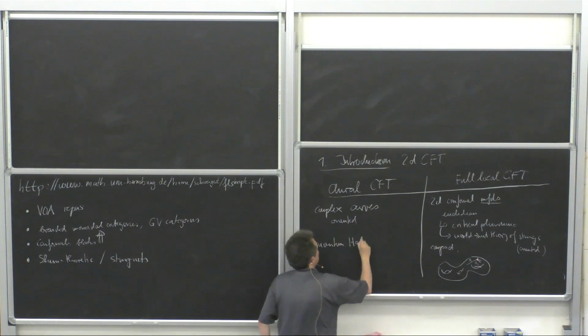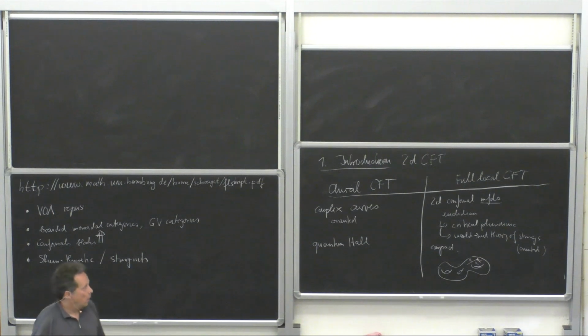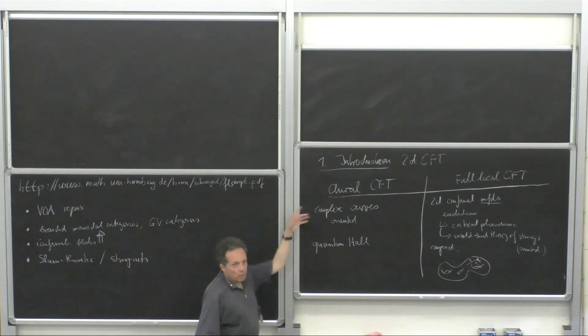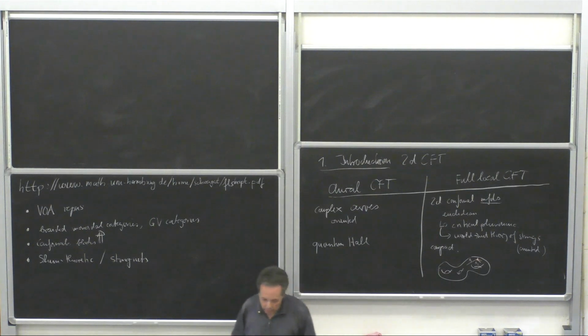If you want to describe universality classes of quantum Hall fluids, well, you can use structures appearing in chiral CFT. And the orientation in quantum Hall physics is a very physical thing. It's a magnetic field which distinguishes one orientation over the other. So it's not true that one is physical, the other is not physical.